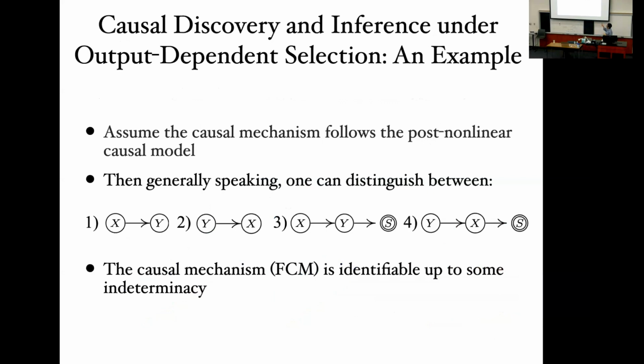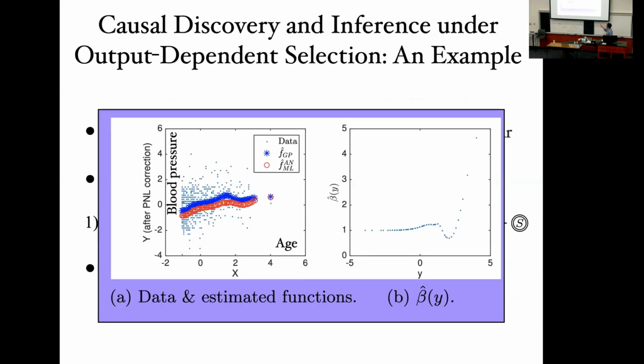Okay, I will skip this part because it's kind of technical. This is one application. So here we analyze the data. Here X is age and Y is blood pressure. We have the data basically collected in the hospital. So you can see the data points. And then this is the beta function regarding how likely it is for you to have the data point in your data set.